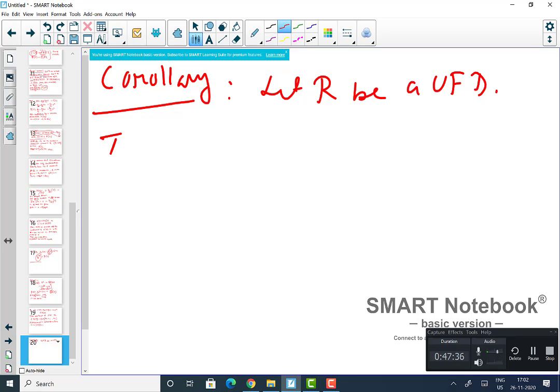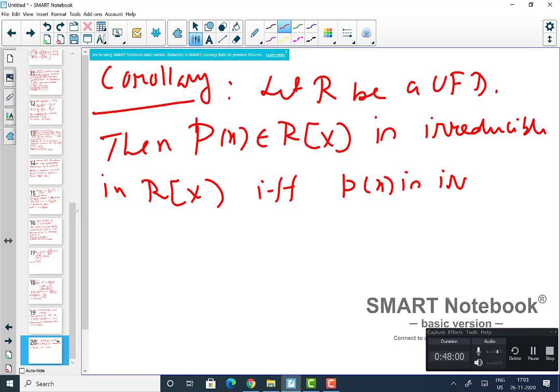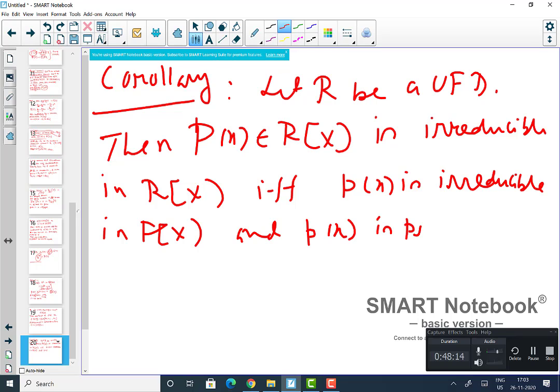Then any polynomial p(x) belonging to R[x] is irreducible in R[x] if and only if p(x) is irreducible in F[x] and p(x) is a primitive polynomial.